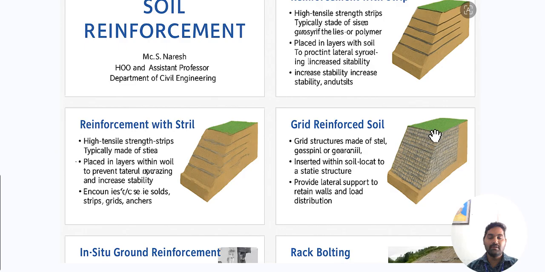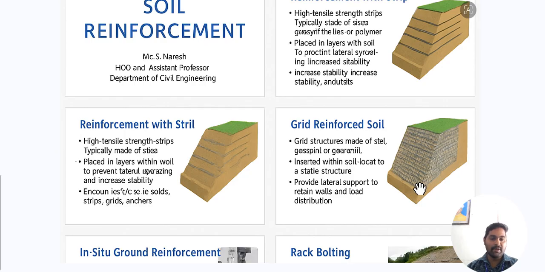And if you see here, there is grid reinforced soil. Grid reinforcement means that here we are placing a strip only, but there we are placing grid-wise reinforcement into the soil. For example, we excavate the soil up to here and then place the reinforcement in a grid manner.